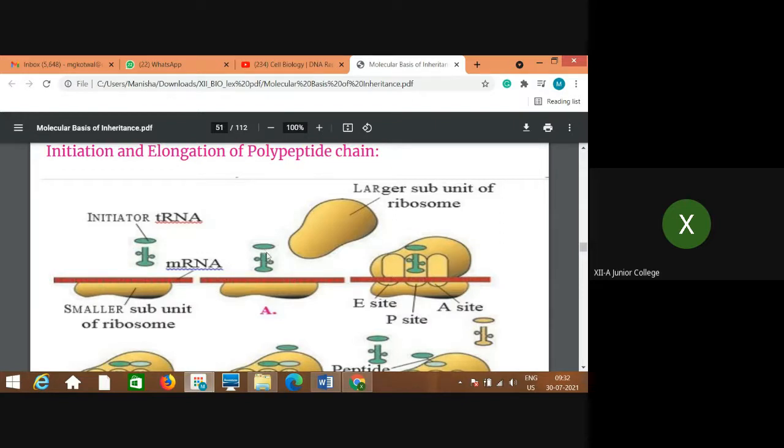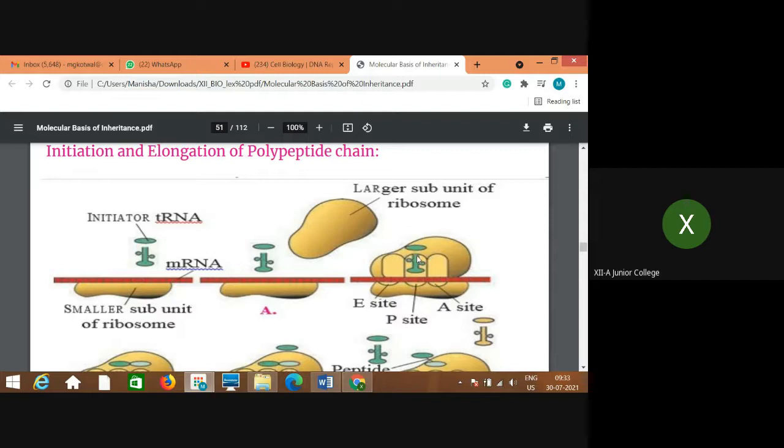Now the first tRNA with complementary nucleotides on the anticodon loop, carrying the amino acid, gets attached to the first codon on the mRNA, and the larger subunit binds. Here in this picture you can see the smaller subunit. Now after the tRNA comes, with the help of hydrogen bonds, it joins the codons on the mRNA.